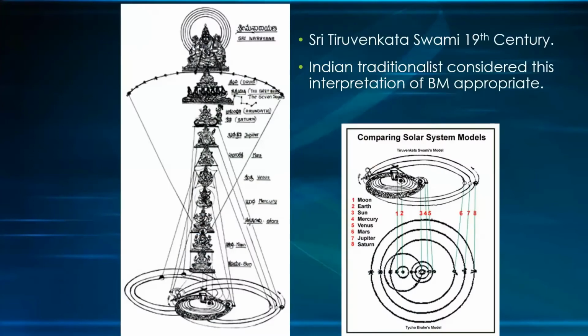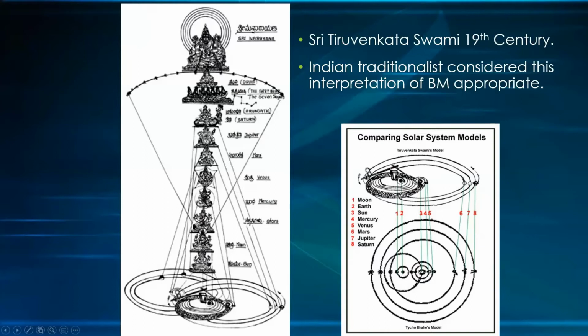This idea of Bhu-Mandala as a map of the solar system is not completely new. In fact, we find in the works of Sri Tiruvenkata Swami in the 19th century, an Indian traditionalist, that he considered this interpretation of Bhu-Mandala as appropriate.